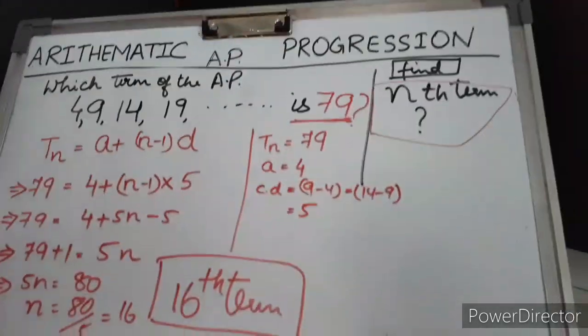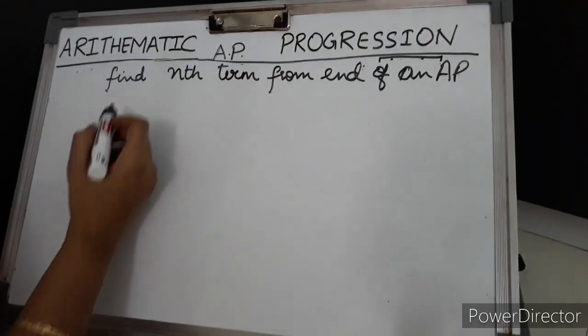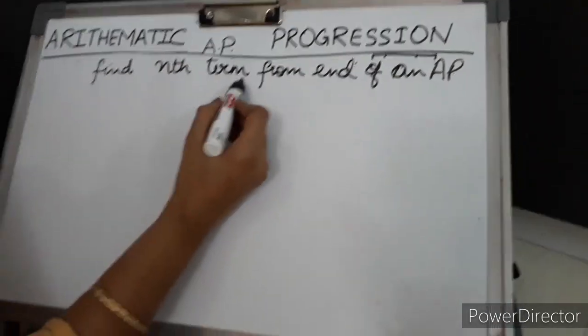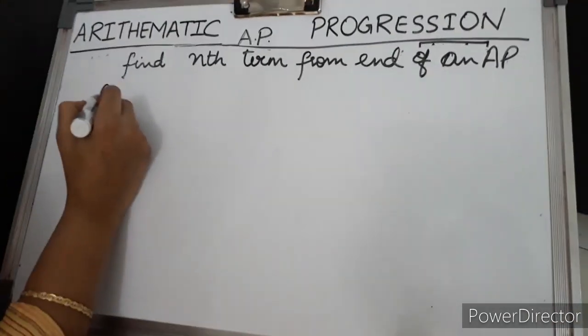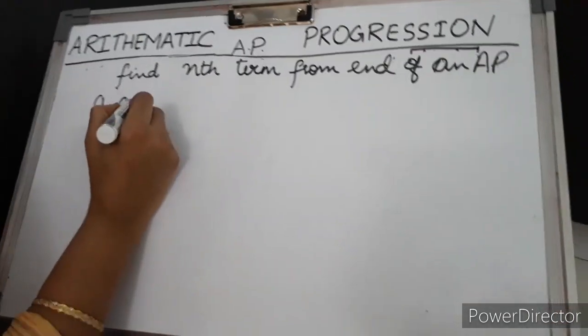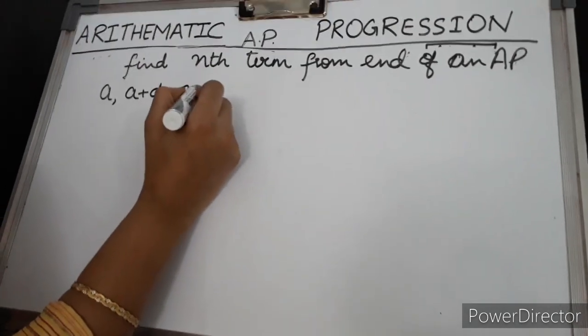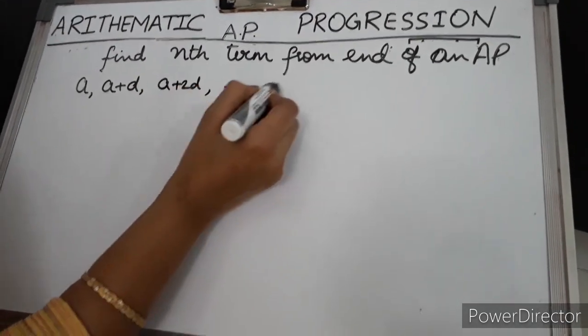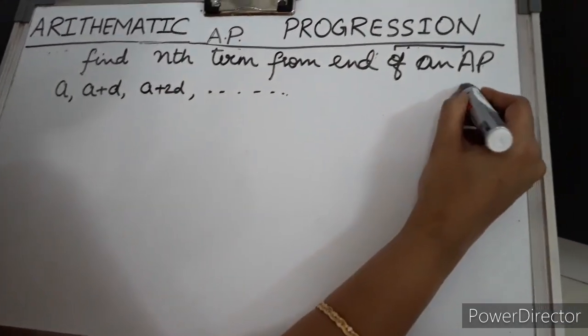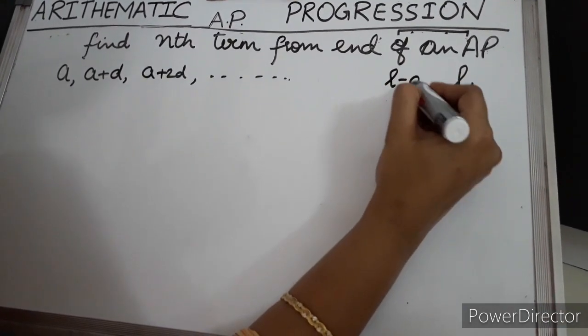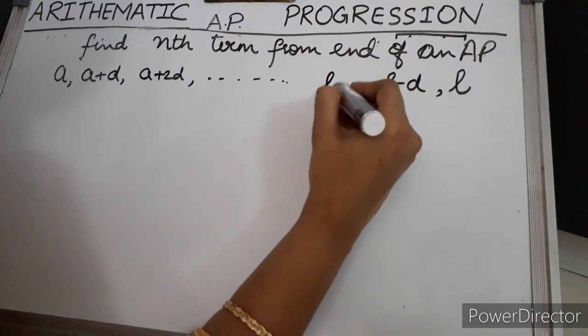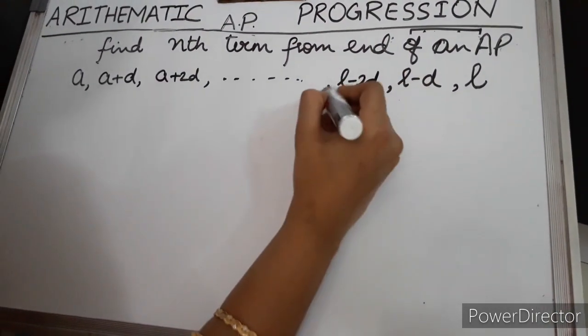Coming towards the next concept. The next concept is to find the nth term from the end of an AP. From the first term you start with a, a plus d, a plus 2d and so on. If the last number of the series is L, then the preceding term will be L minus d, then L minus 2d and so on.